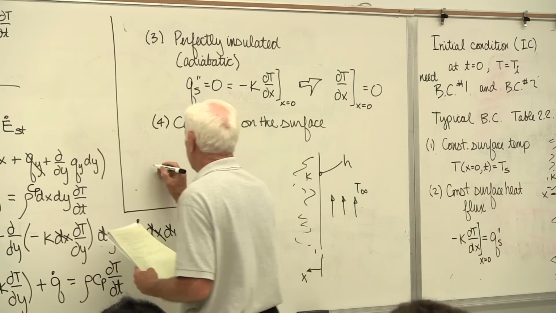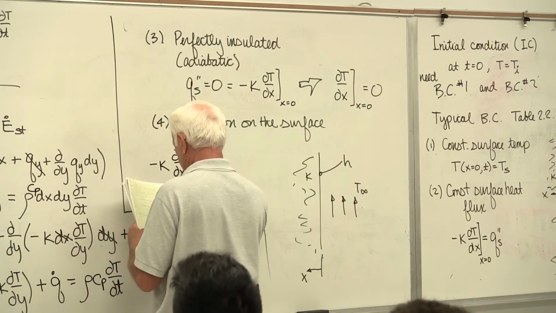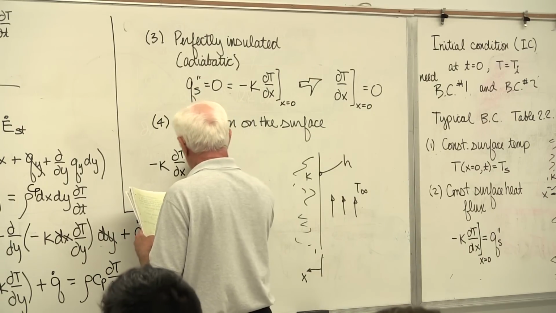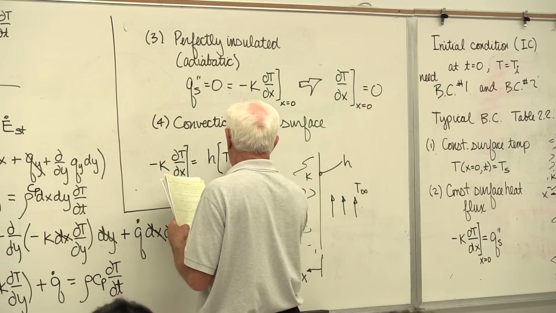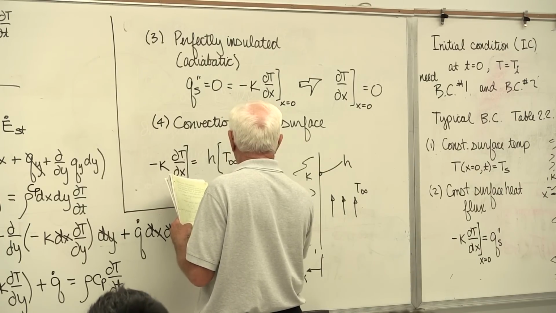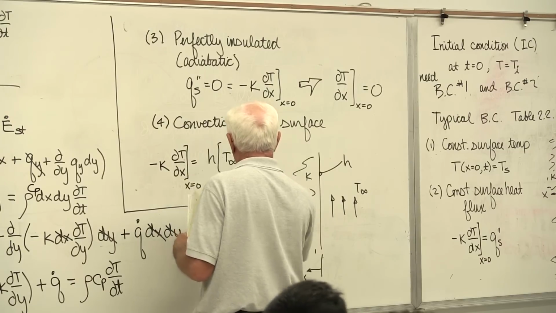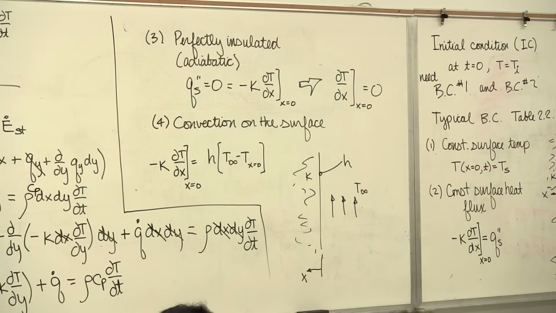So here's our equation. It's more complicated. It has a temperature on both sides of the equation, dT/dx at x equals 0 and the temperature at x equals 0. It's a more complicated boundary condition.